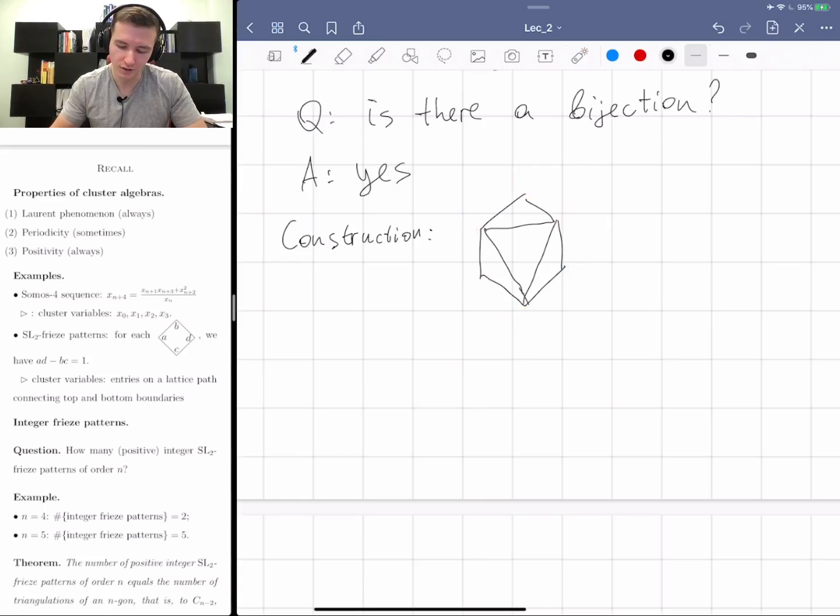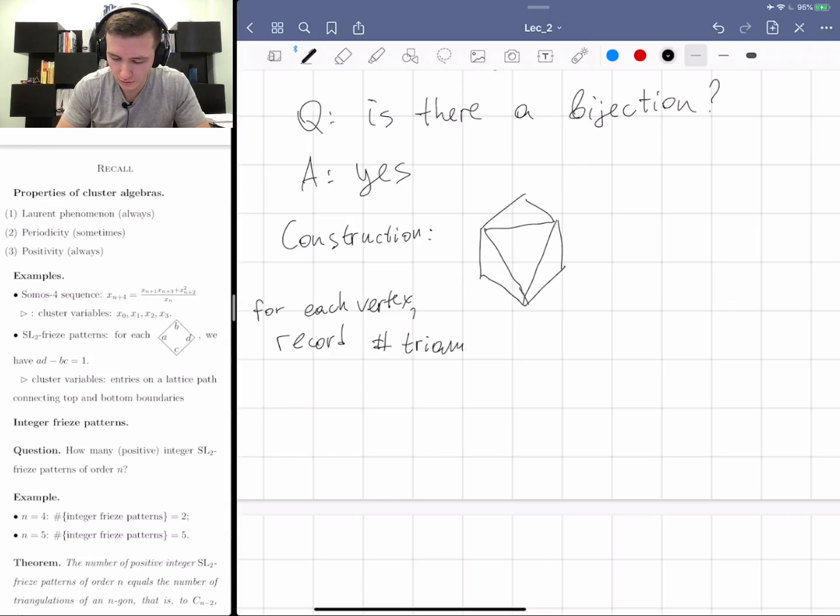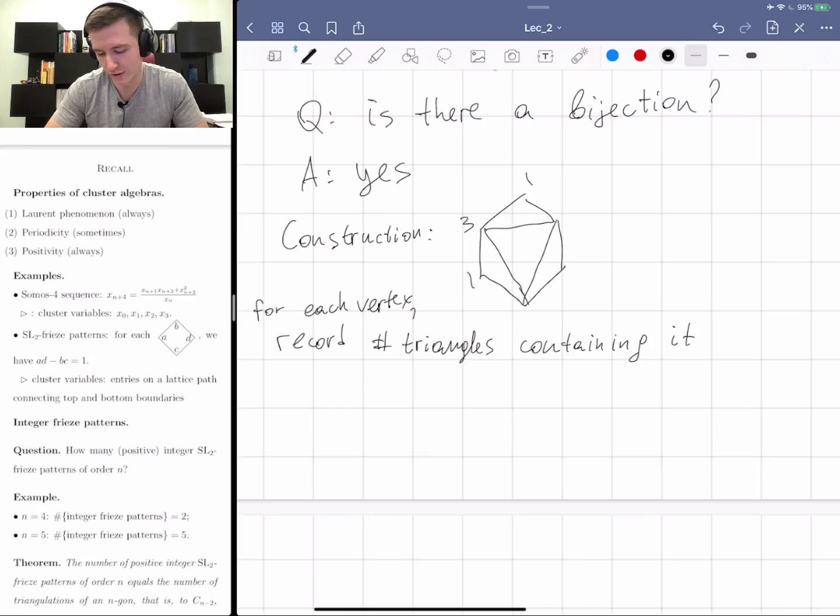Then you record for each vertex the number of triangles containing this vertex. So, for example, here I'm going to have 1 triangle, 3 triangles, 1, 3, 1, 3.